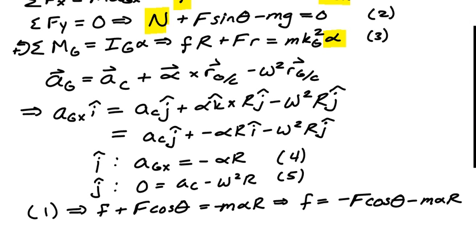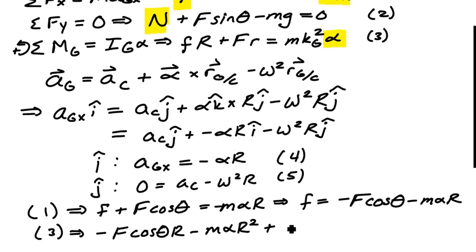If I take that result and plug it into equation 3, I'm going to now have F minus F times the cosine of theta times r minus m times alpha times r squared plus F times little r is equal to m times k_G squared times alpha.